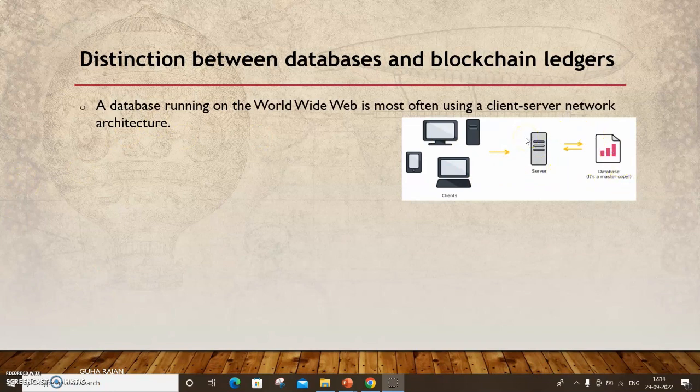When you compare, if you are from an IT background, how a traditional model works with the database ledger, it is much easier to understand. Assume a traditional model of application where you have the database, then the server which runs the application, that is the second layer, and the third layer is your browser.